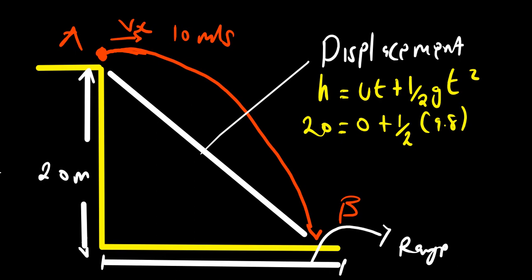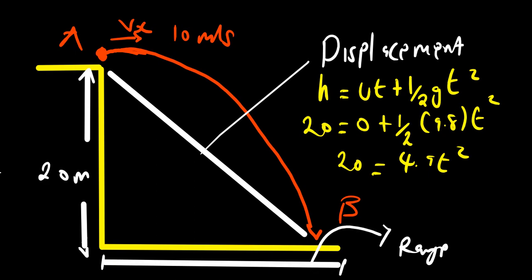This is multiplied by the time, which is what we're trying to find, so let's call it t squared. So we have 20 equals half of 9.8, which is 4.9, times t squared.